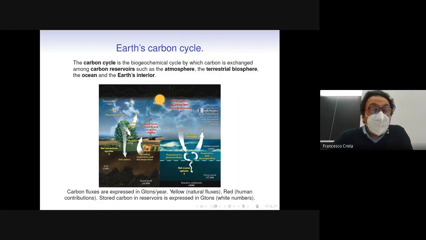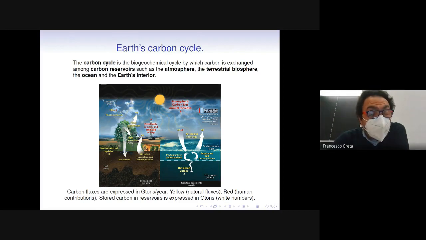Now, clearly there is a drawback, as you may imagine, because obviously there is a balance that we need to respect, okay? That is, as we say, there is a biogeochemical cycle, okay, where all these carbon atoms are being exchanged among carbon reservoirs. So there is some in CO2 in the atmosphere.